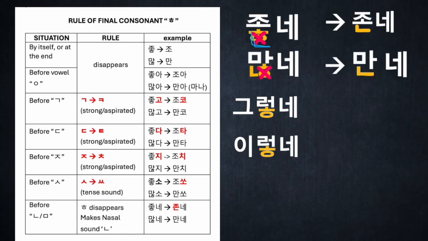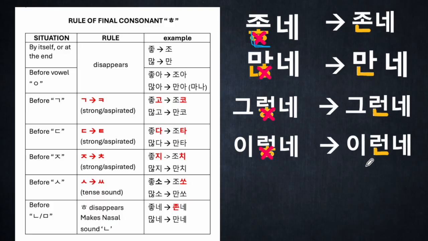Okay, 맞네, 맞네. This one changes to n. 그렇네, 그렇네. 이렇네, 이렇네. That is when the next syllable starts with n or m. But I couldn't find words that start with m.